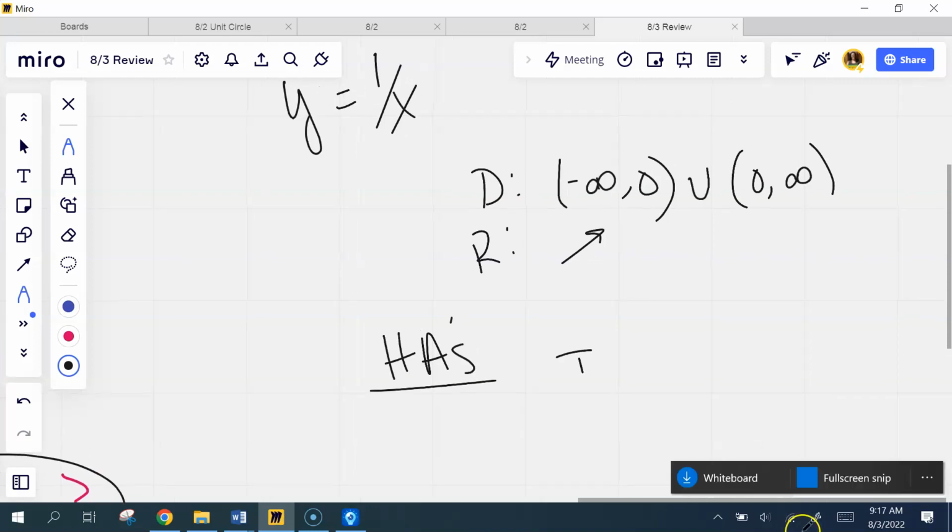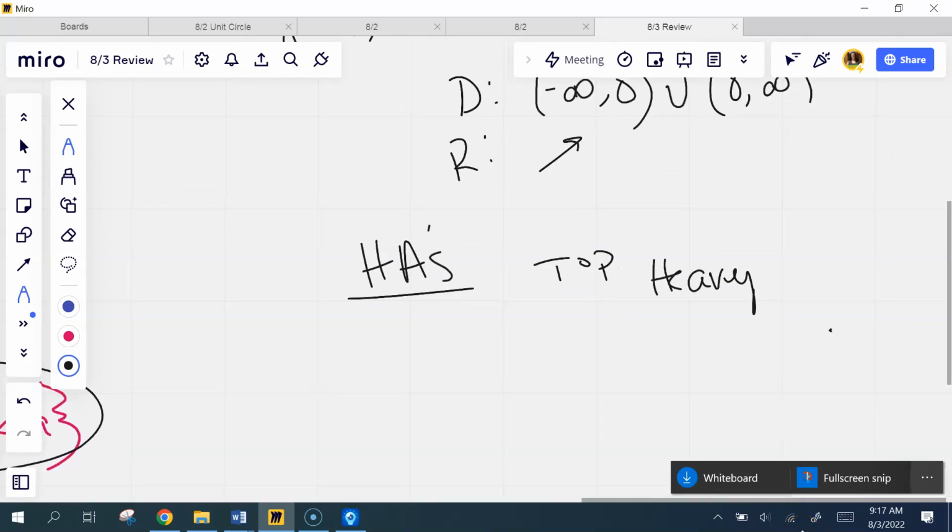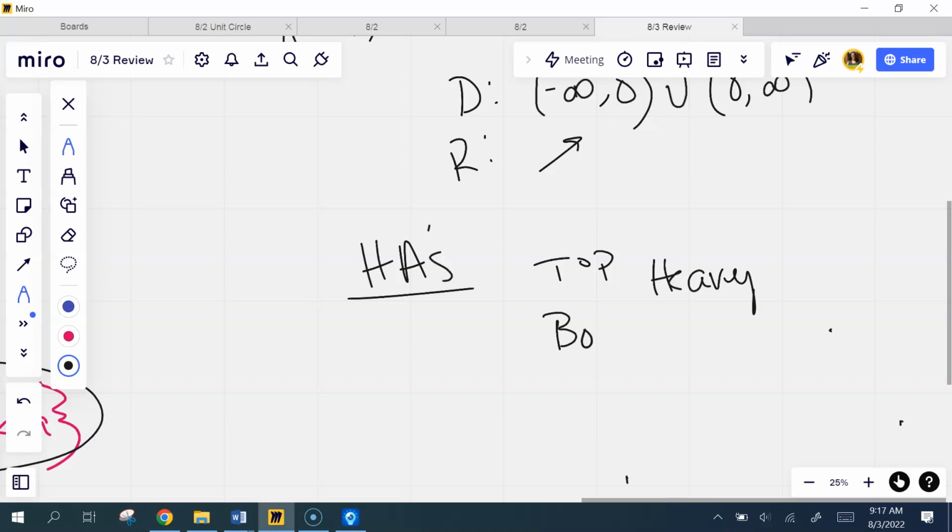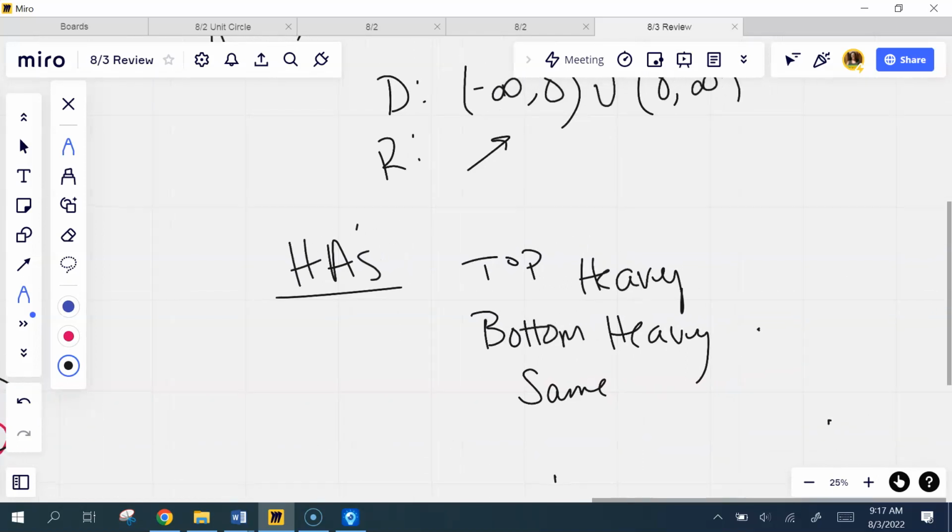We have top heavy, bottom heavy, and same. What do I mean by that? What am I looking at? The biggest exponent on top and the biggest exponent on the bottom. So top heavy, my exponent's bigger on the top than it is on the bottom. Do you remember what happens there?